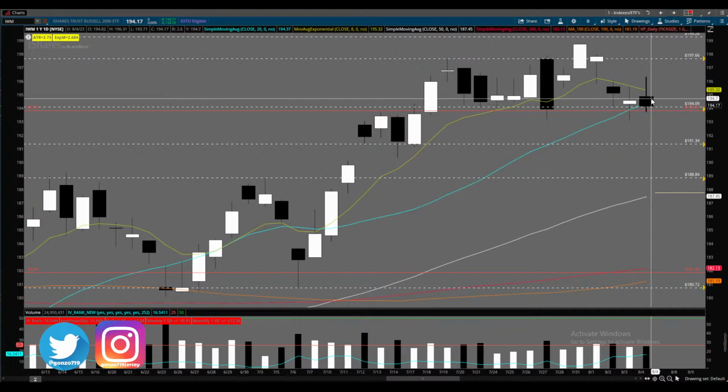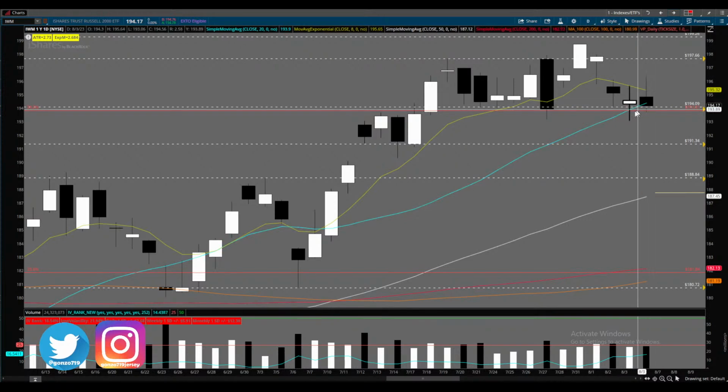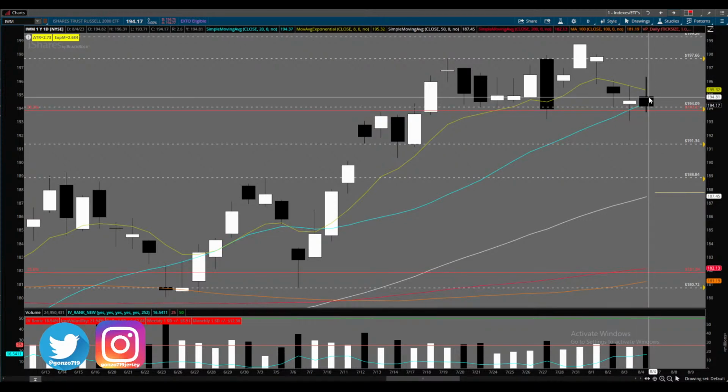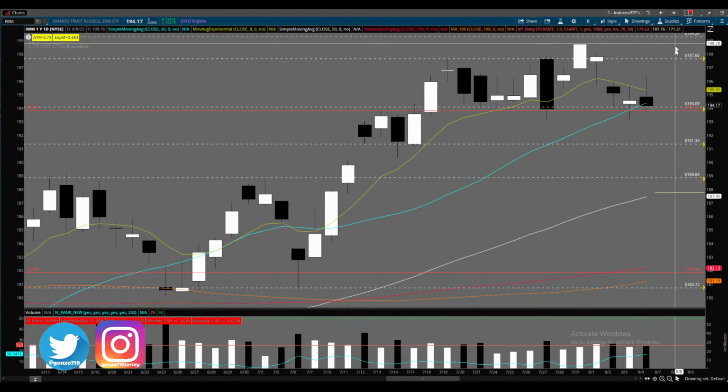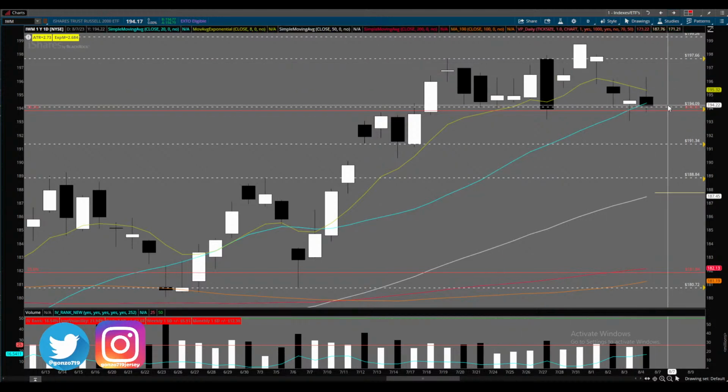It's right here. It's right about the midpoint. So I don't know. See what the small caps are going to do, right? It's holding the 20-day simple moving average. So it's the better look out of all the indexes, really. The Russell's holding this range.